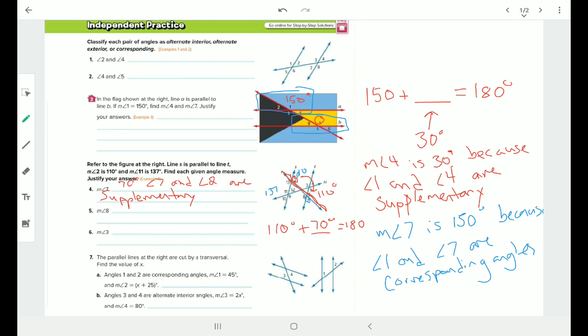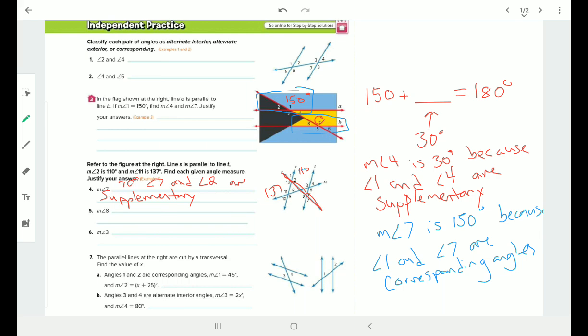So let me go through the measure of angle 8. Now we have angle 8. If I erase all this, this was 110, and this was 137. Angle 8 is on the same transversal R, right here.